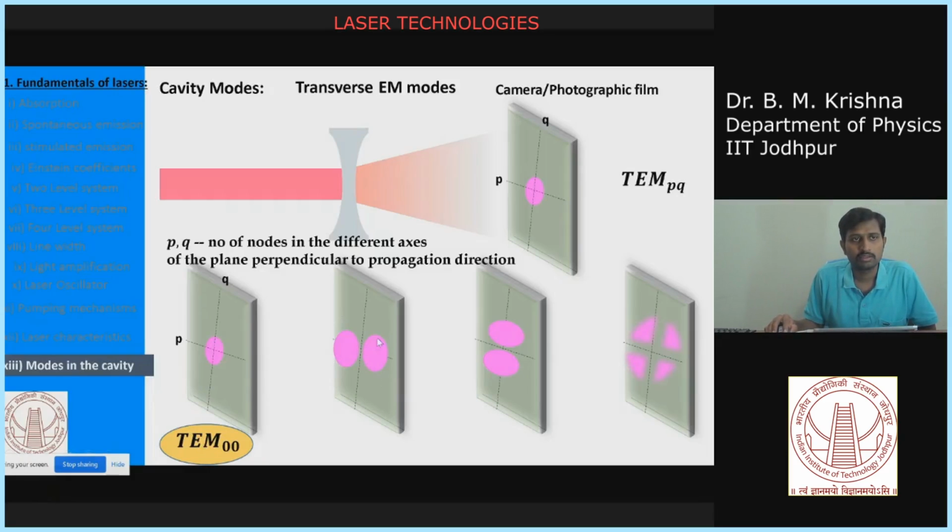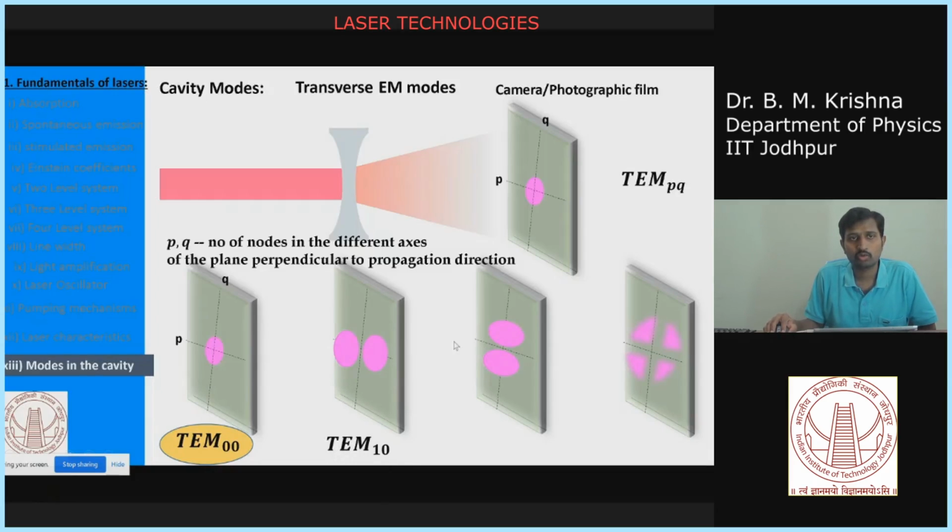Now in this one, along the P direction you have one node. You can go through here and find one node. Along this direction you don't have any node. That is called the TEM10 mode.